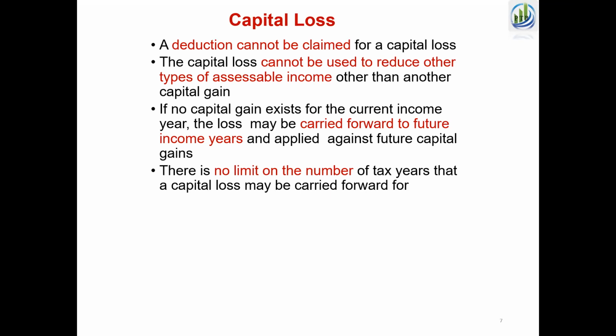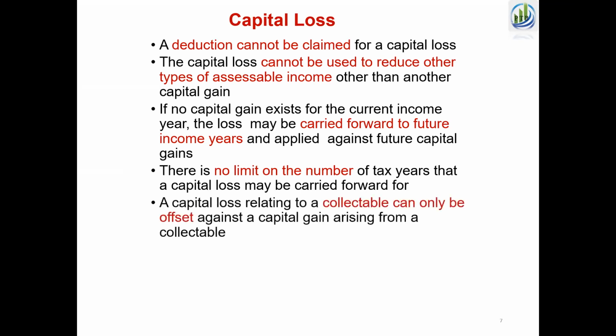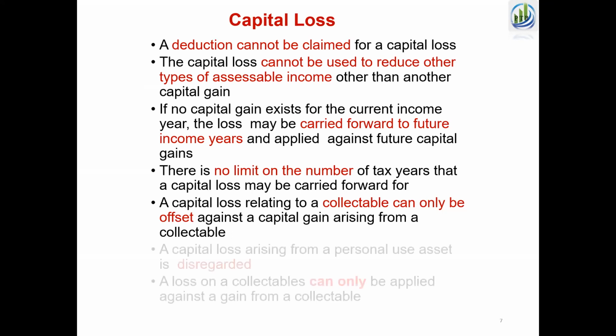That's called: a collectible loss can only be offset against capital gain arising from other collectibles, not from other asset groups. It cannot be offset against personal assets or any other asset group. I will give you an example in a minute so you can understand this.